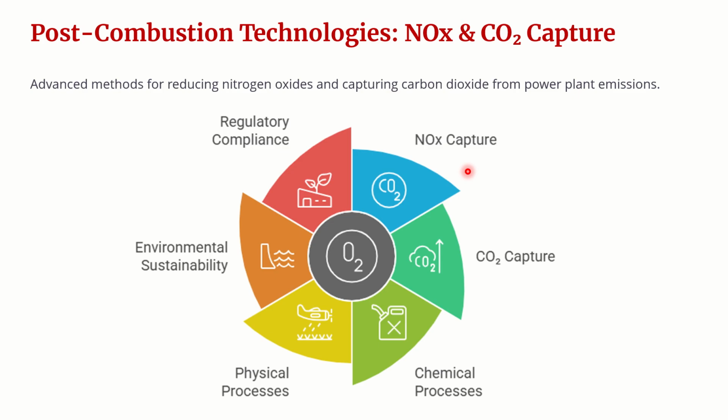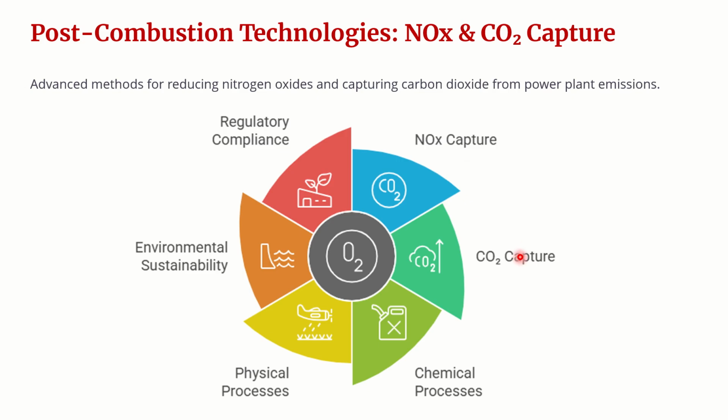In that, ammonia or urea is injected into the furnace at a high temperature, nearly 900 to 1100 degrees Celsius, without a catalyst. So nitrogen oxide reacts with the reducing agent to form nitrogen and water. But the efficiency of this process is a little bit less, and also there's a high potential for ammonia slip.